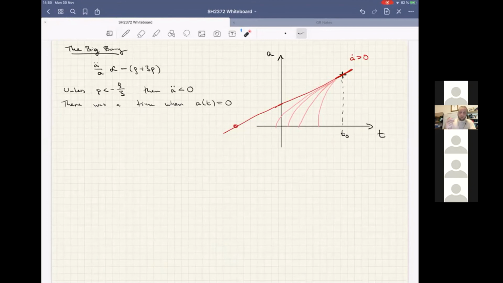And we can draw this conclusion based on essentially two things. It's necessary that this is not fulfilled. But I mean, this is a rather strange condition, right? If P is less than minus rho over 3, P must be negative.